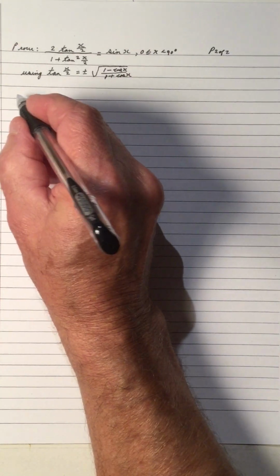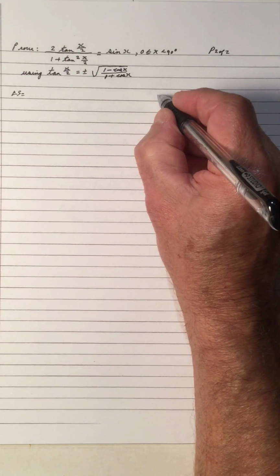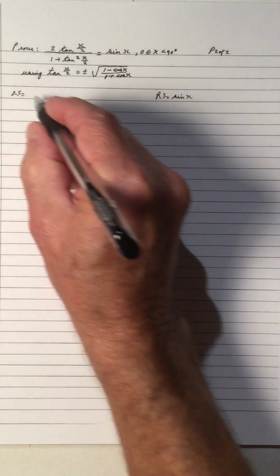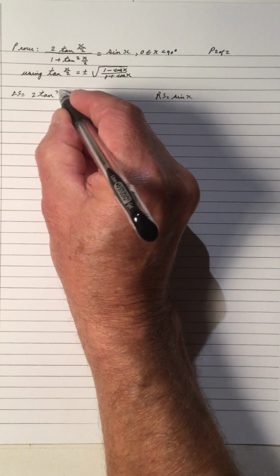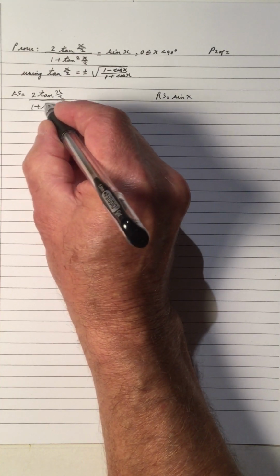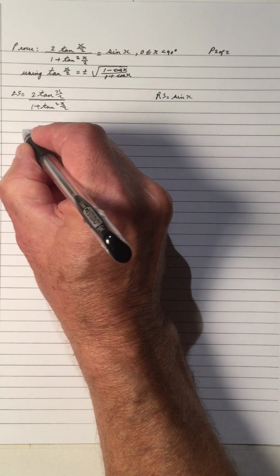So to do that, let's do left side and right side. The right side is sine x, and the left side is 2 tan of x over 2 divided by 1 plus tan squared of x over 2.